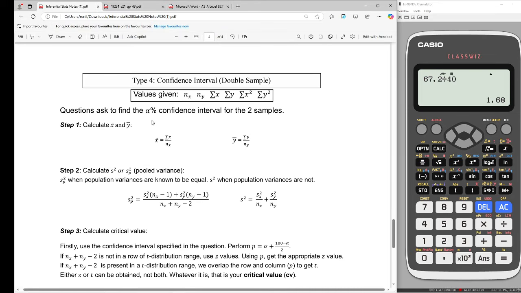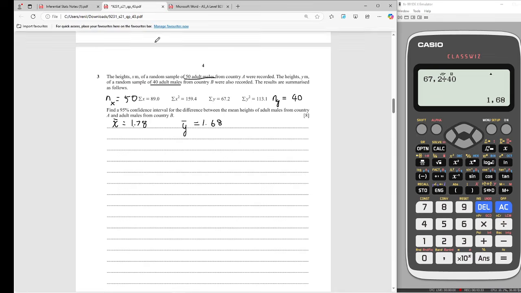So we've done the first step. The second step is to calculate S2 or S2P. Confidence intervals normally give you only S2, but first of all, we need to calculate S2 of x, and that can be just solved directly. So 1 divided by number of terms of x minus 1, so 1 by 49, bracket 159.4 minus 89 squared, divided by number of terms of x.